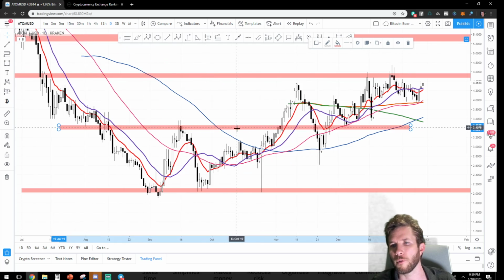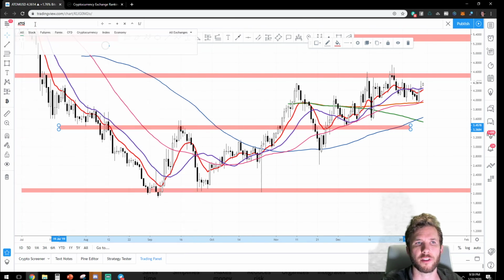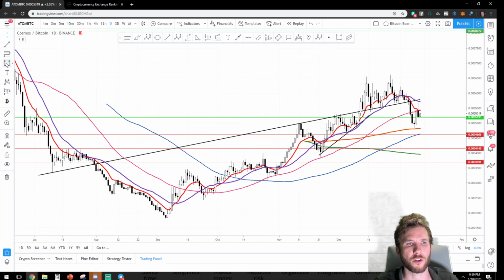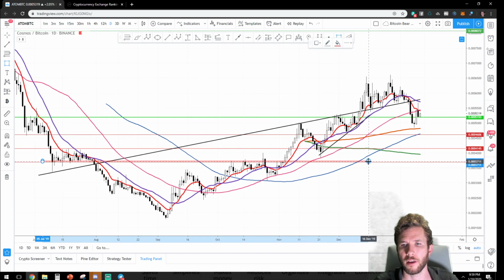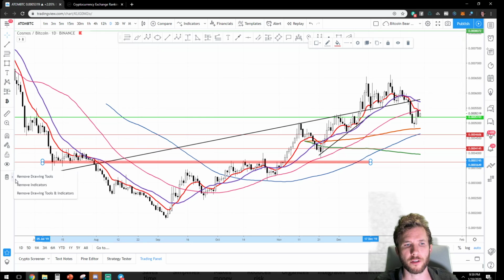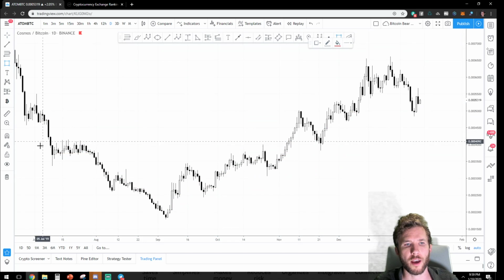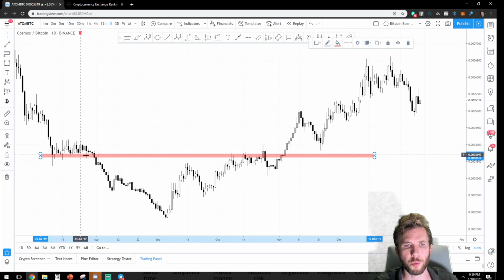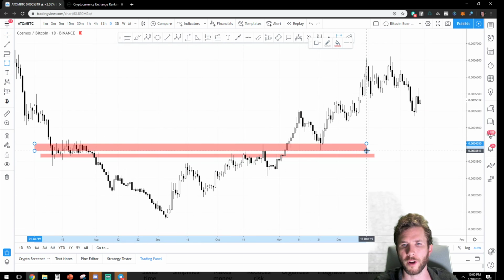So most likely the BTC pair is driving this because you can see it didn't react to that at all. And yeah, this was a clear BTC pair driven market. So you can see right away, I'm going to delete all this stuff really quick. You can see right away that this was a really strong support, broke down, tested resistance, and then once it broke through, just this whole range right here.